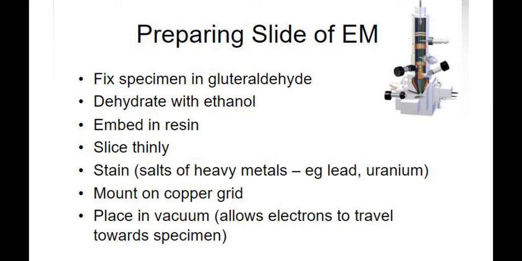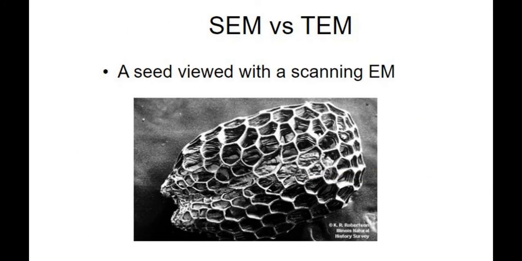It's not so easy to prepare the sample to be investigated in the electron microscope, because in the case of the scanning electron microscope, the sample has to be coated by metal, and in the case of the transmission electron microscope, it is not necessary, but it gives a less detailed image.